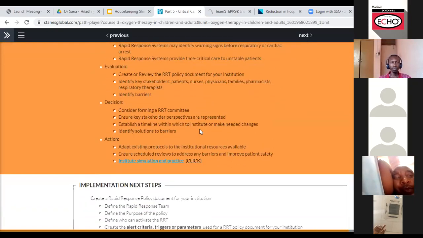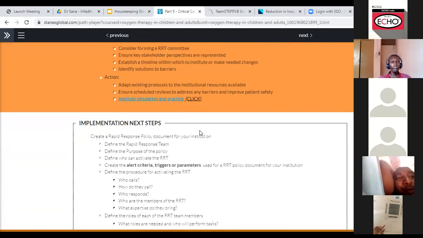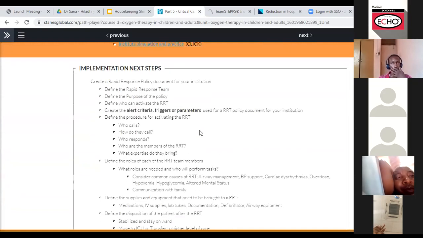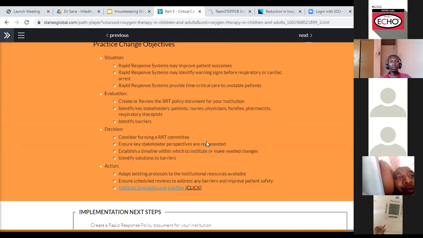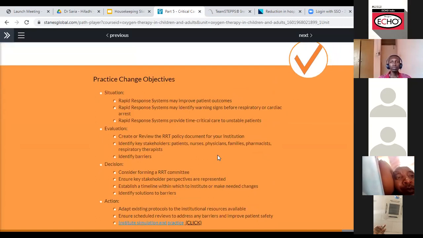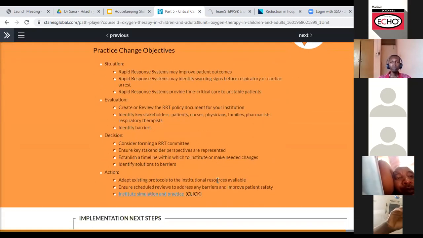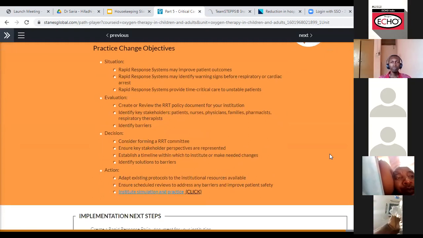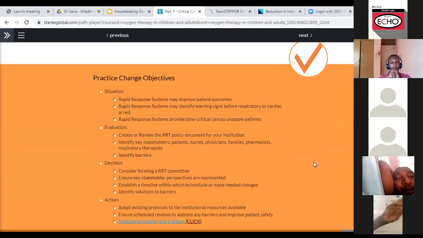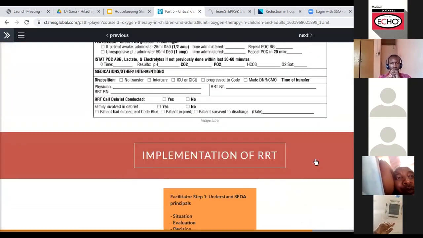Okay, I was expecting a certain protocol which was adapted as a modified early warning score system, in which they included a component on how to identify a critically ill patient who is a COVID patient. But I think it is not seen there. So let's go next.